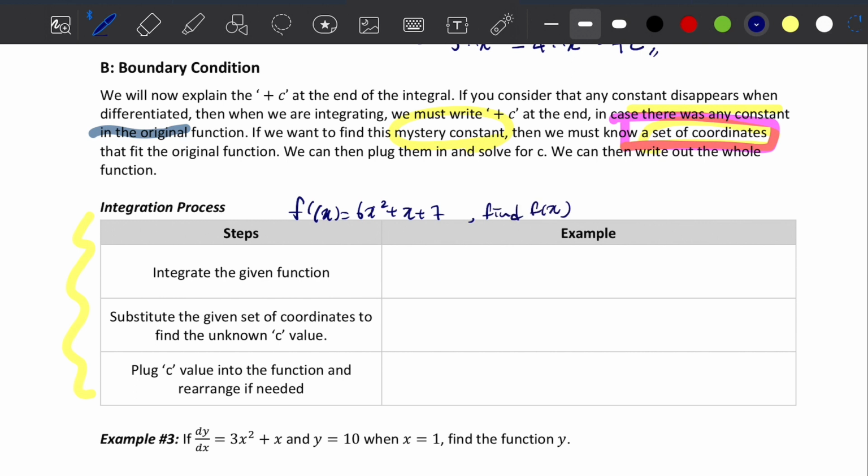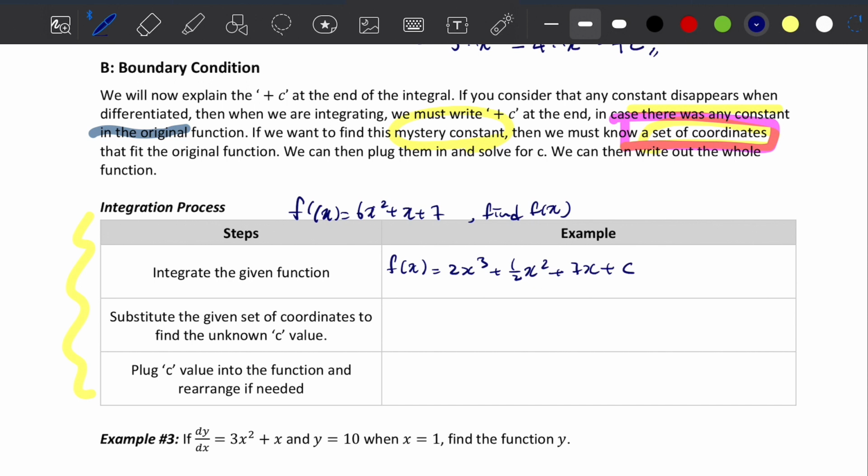From example number 1, we have integrated this function, and we have found the original function as 2x cubed plus 1 over 2 x squared plus 7x, with that mystery c at the end.